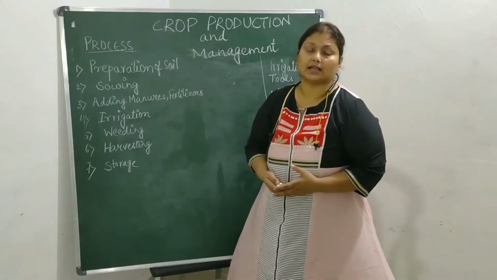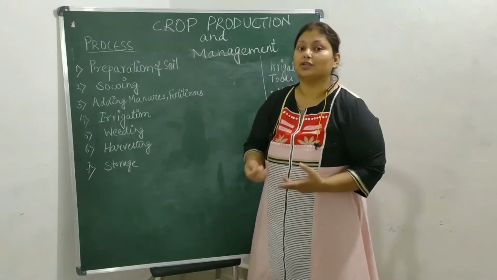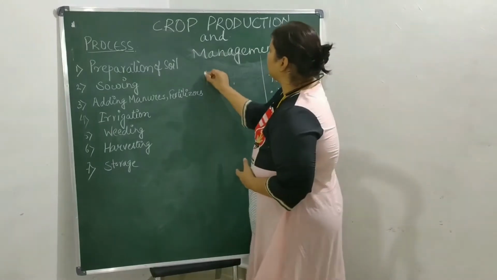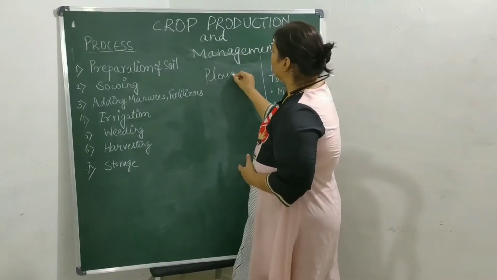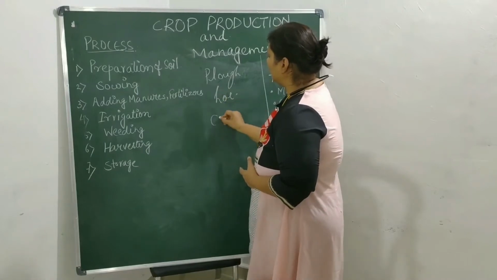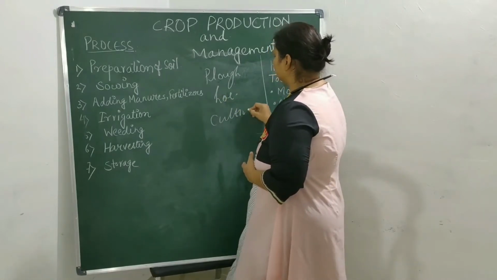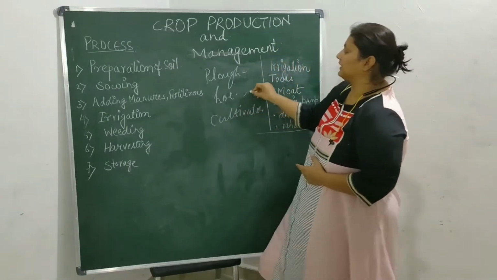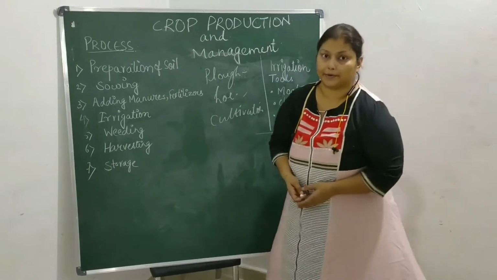How we do these things? We do it by using the agriculture instruments, that is plow, hoe and cultivator. So these are the 3 agriculture instruments.